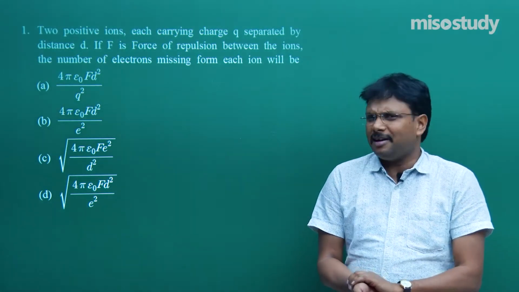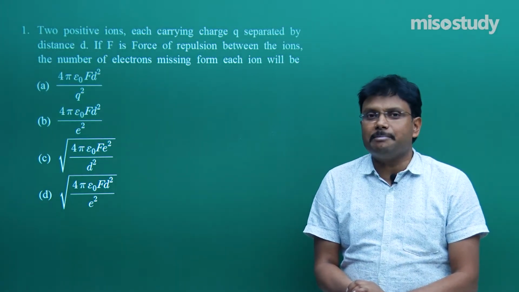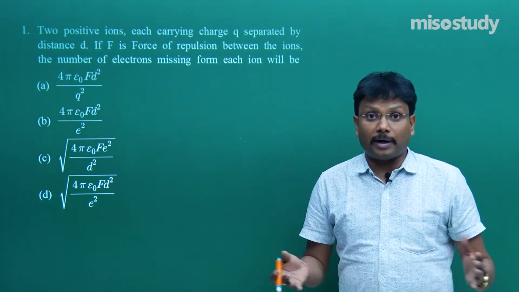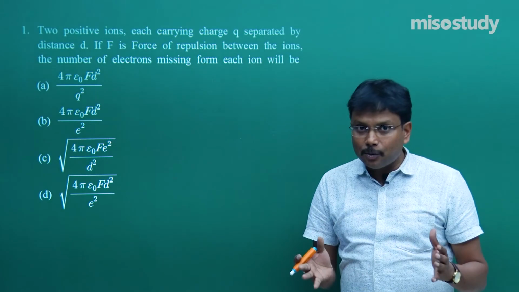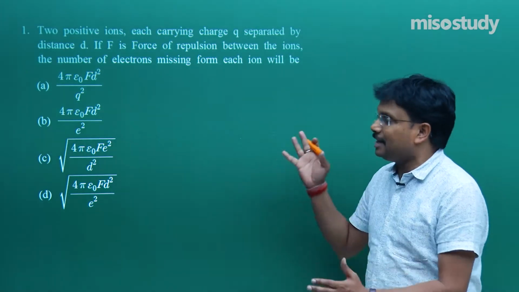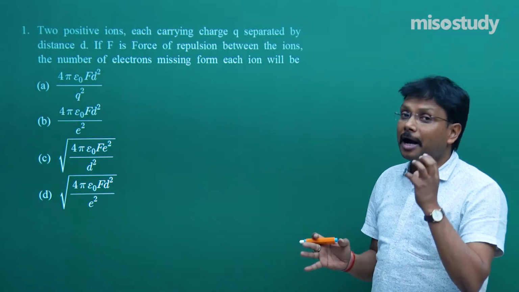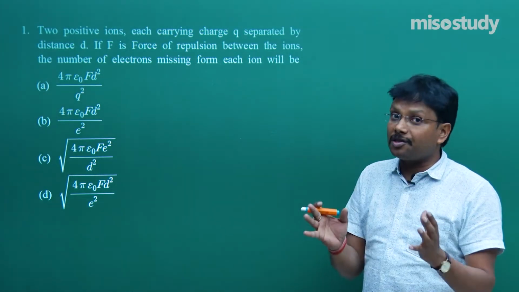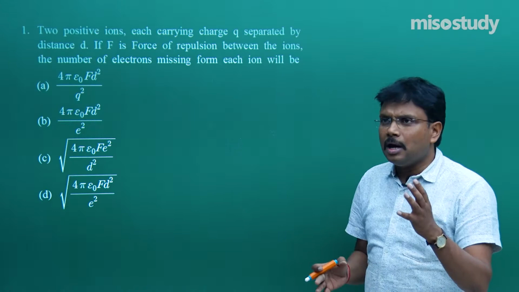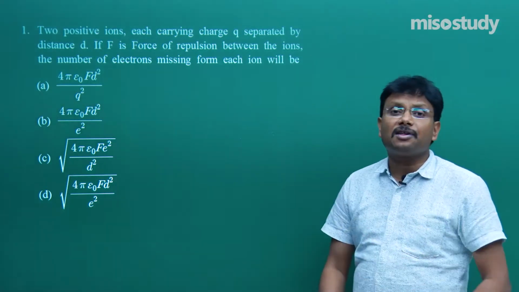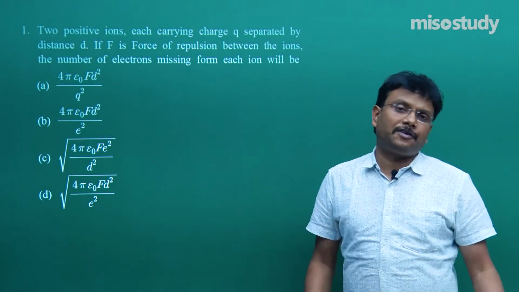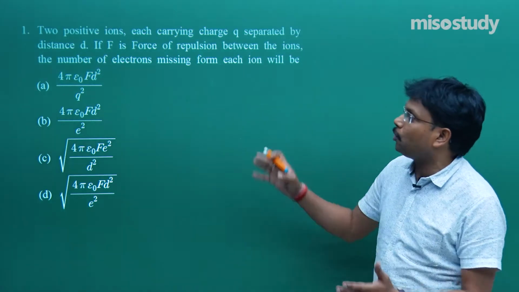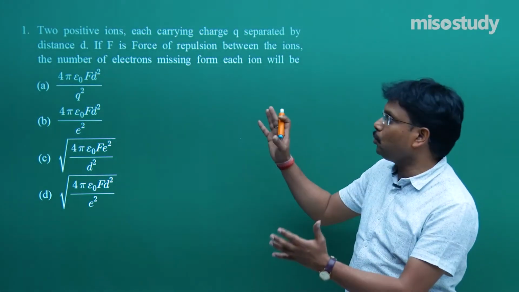You may say, sir, it is quite difficult in terms of time management because a few questions are quite long and require a lot of calculation. So here we are discussing the strategy also to manage your time, because a few questions are based upon simple concepts. So in just 30 to 40 seconds you can answer those questions, and after answering them you can devote your time to the long questions.